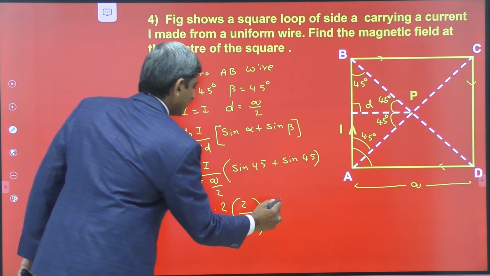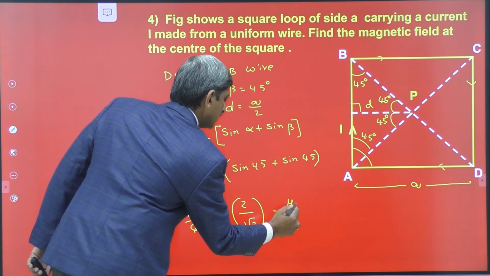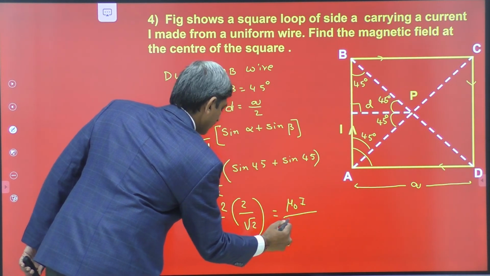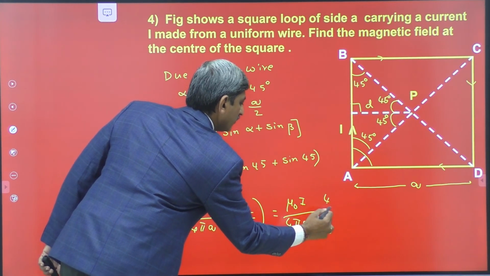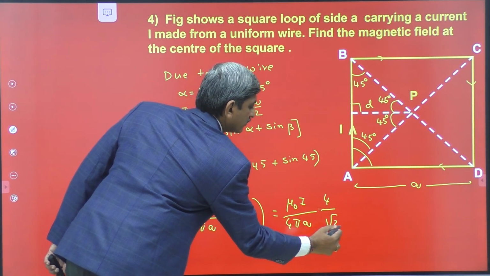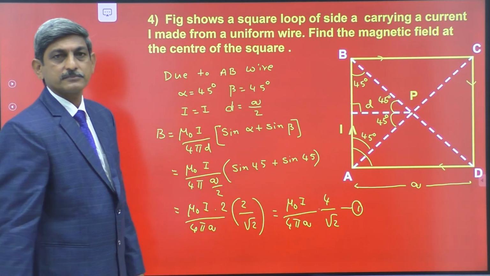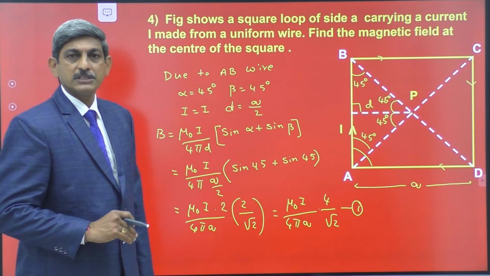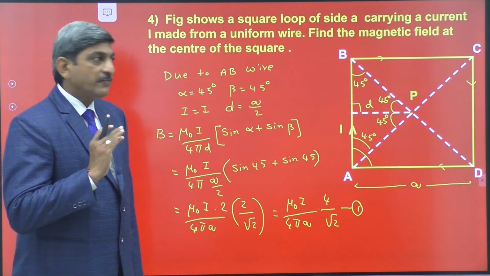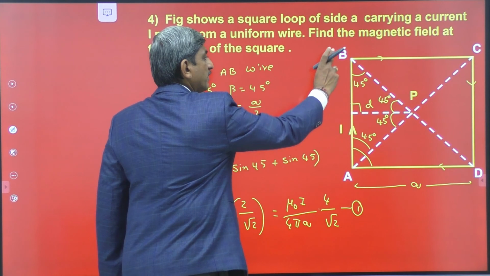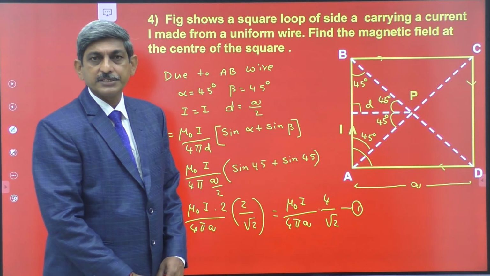So this can be written as mu naught I divided by 4 pi a into 4 by root 2. Let it be equation number 1. In the first equation, I obtain the value of the magnetic field produced by the AB portion of the wire at point P. And what is its direction?